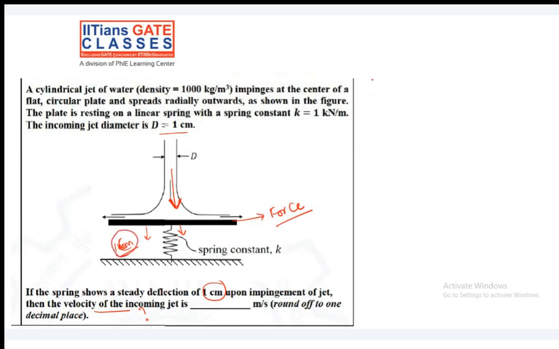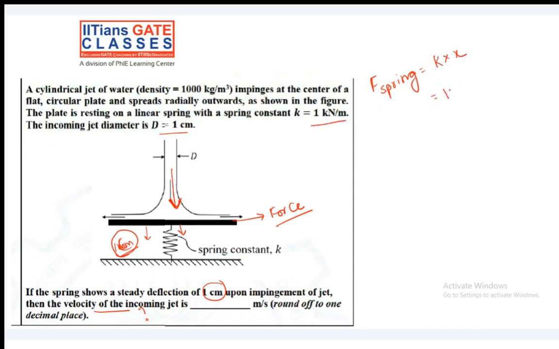So do we know what the force in the spring is? Force in the spring is spring constant k times the displacement x. The k value is given to us as 1 kilonewton, so let us convert it into newton.